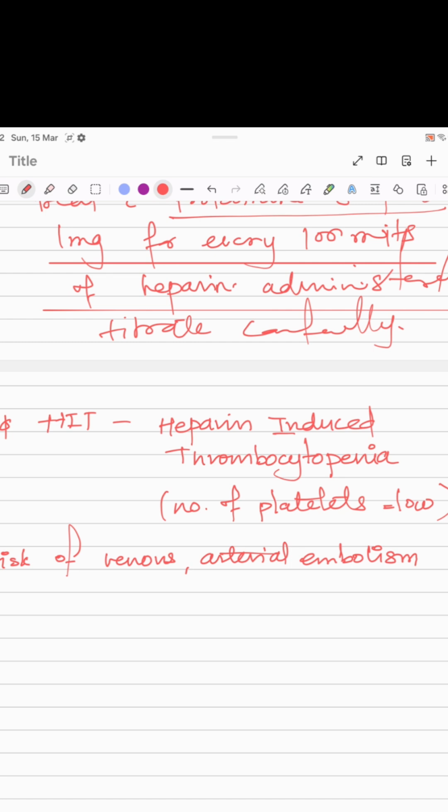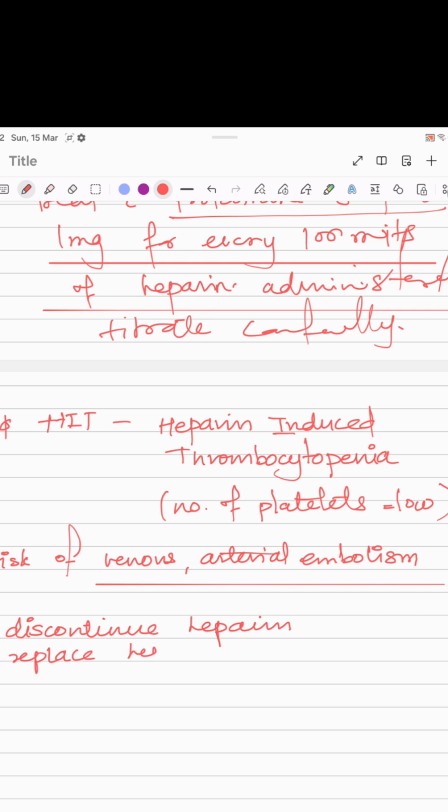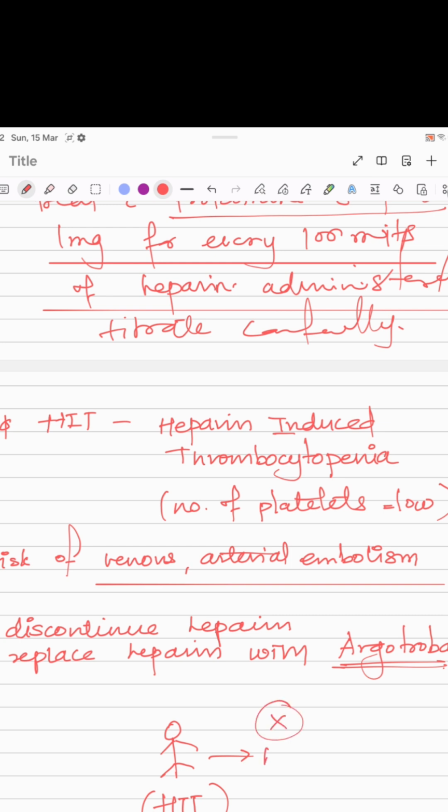In that case, the patient is at risk of developing venous arterial embolism, so we have to discontinue heparin and replace it with argatroban. So if a patient develops HIT, we discontinue the heparin and give argatroban.